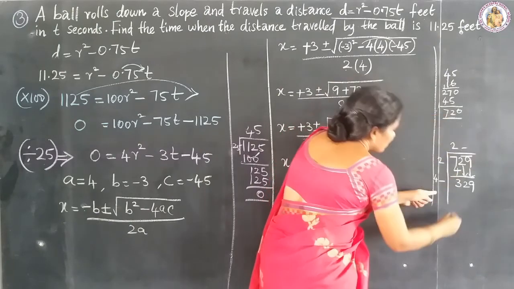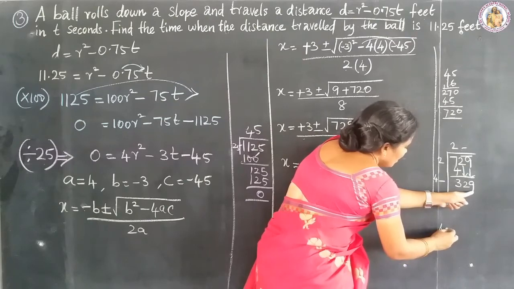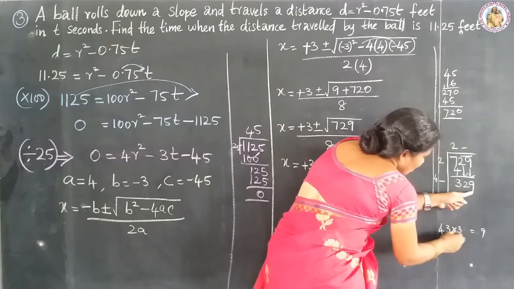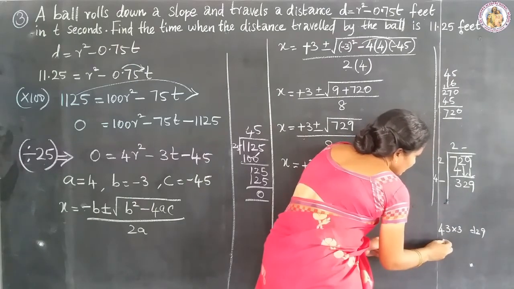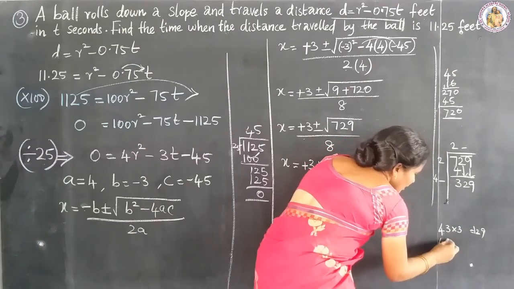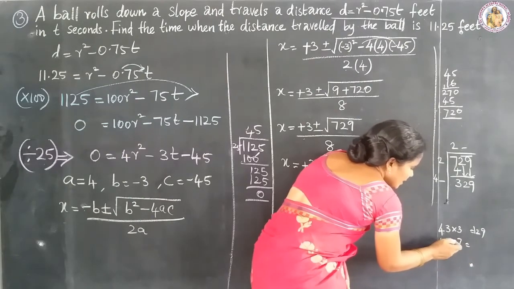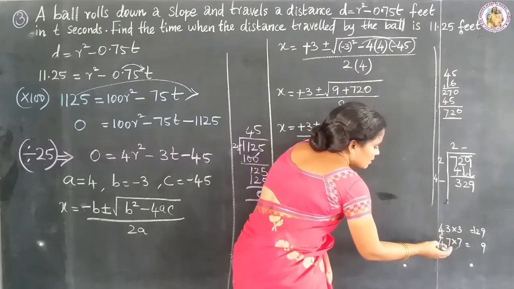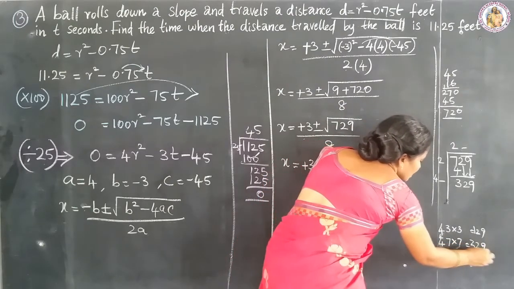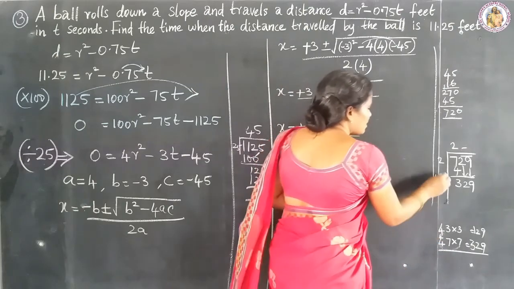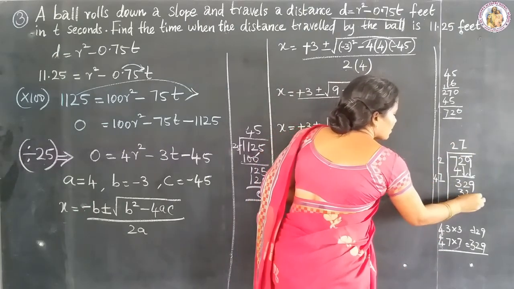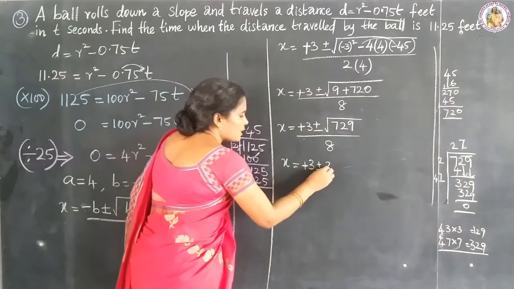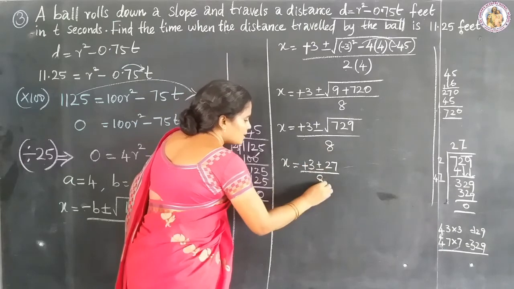What will be the next number? 4 into last number is 9, so multiply with 3. 3 threes are 9. 4 threes are 12. So go with 4 into 7, 7 sevens are 49, remaining 4. 7 fours are 28, 29, 30, 31, 32. So it is 27 into 27. So write 27 divided by 8.